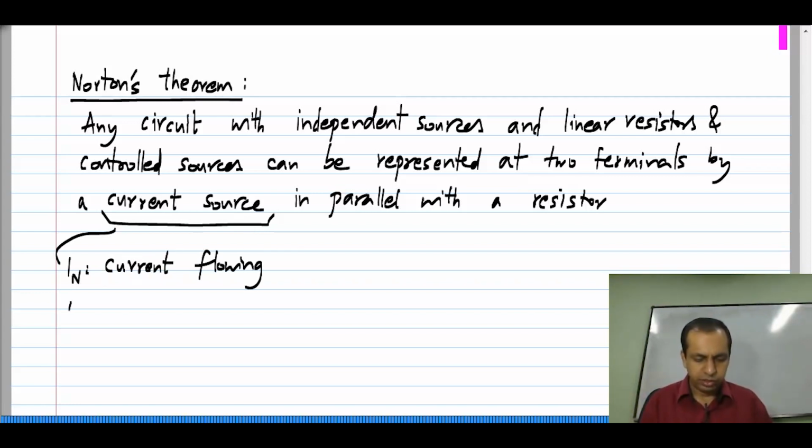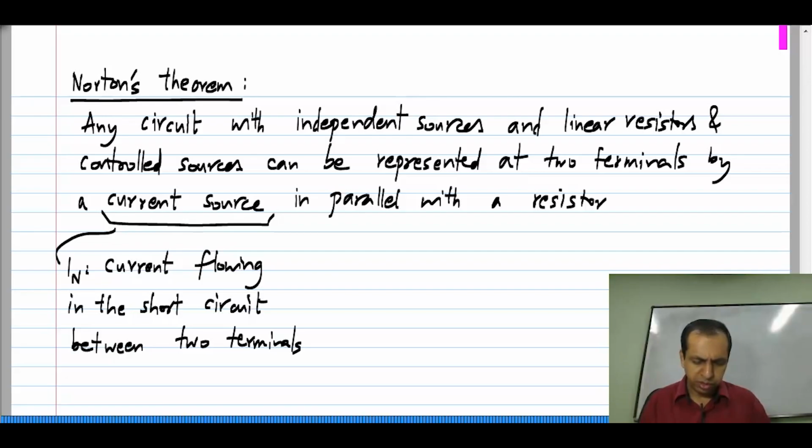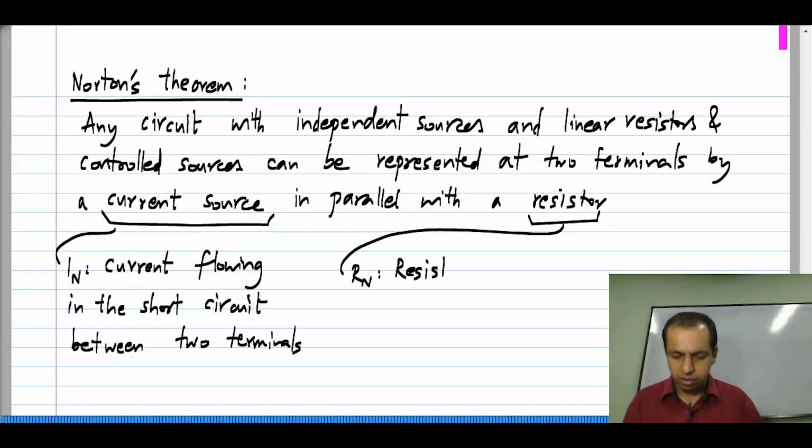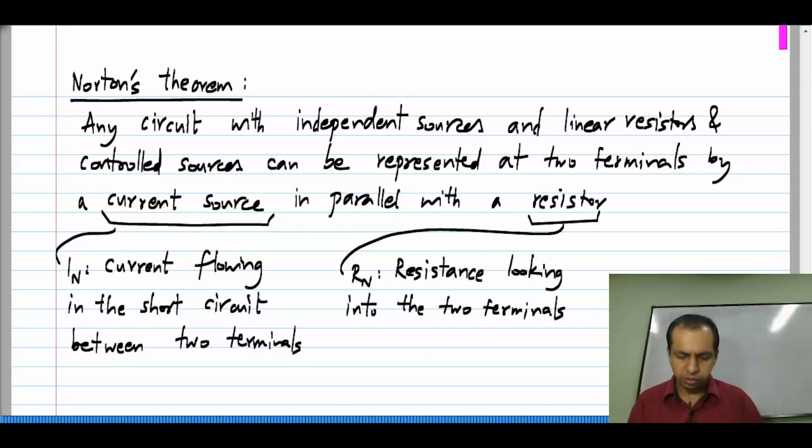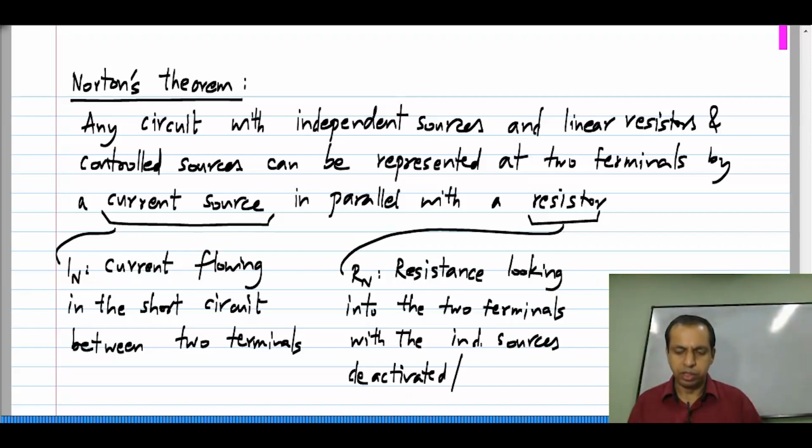This is IN, which is the current flowing in the short circuit between two terminals, and this resistor Rn is nothing but the resistance looking into the two terminals with the independent sources deactivated or nulled, that is, they are set to 0.